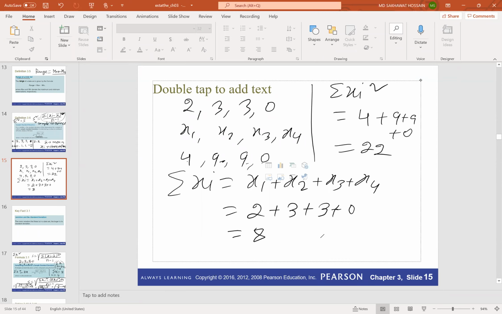Now what is the difference between this one and this one? The difference is that in this case, you are adding first, then taking the square, and here you are squaring the numbers first, then adding them together. That is the difference between these two notations. Is it clear now?